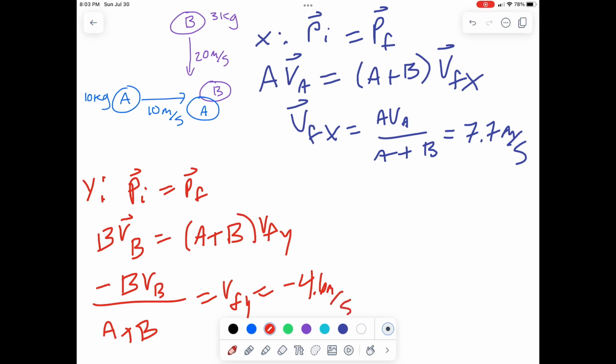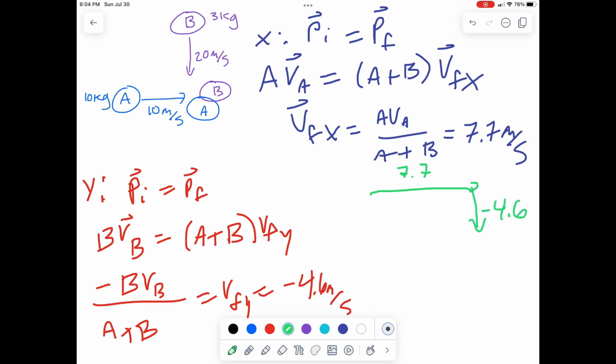All right, so now we found our velocity in the x and y, and we can actually start doing vector addition to find what my total velocity is. So I'm going to start with my velocity in the x, which is positive 7.7. My velocity in the y is negative 4.6.